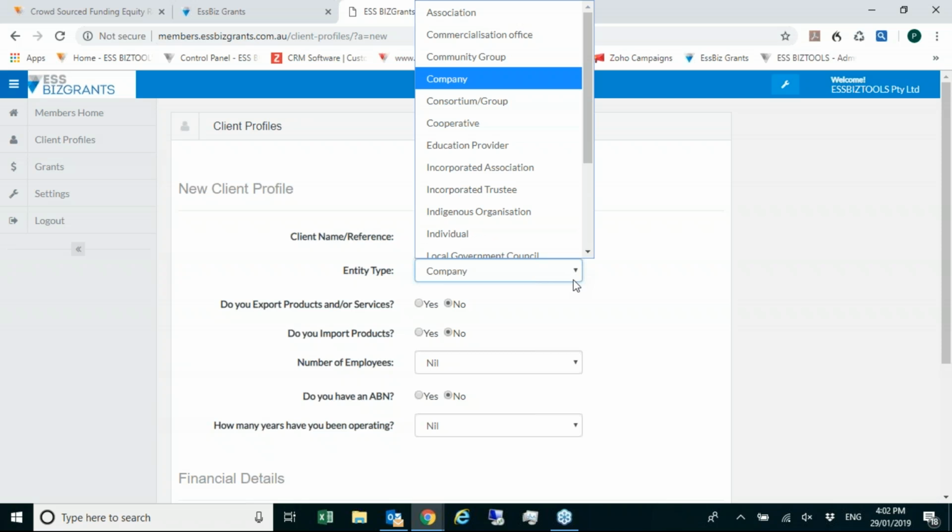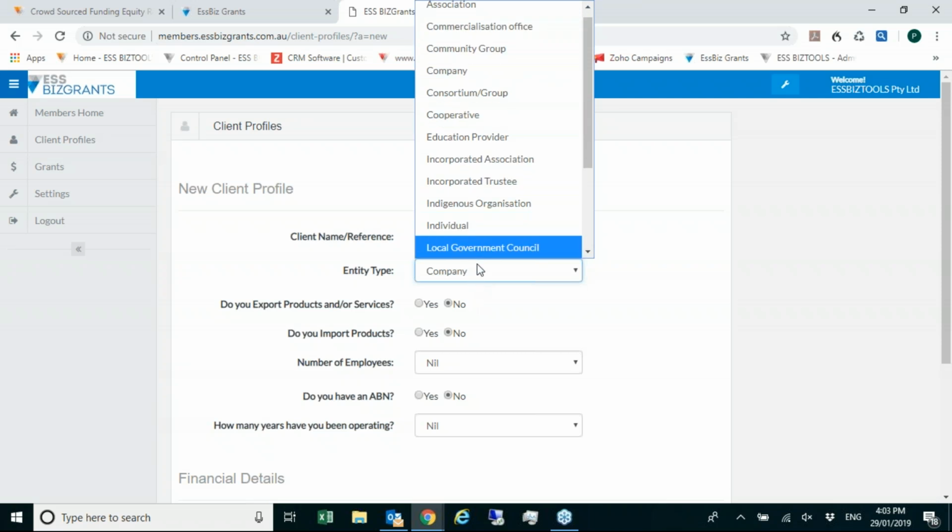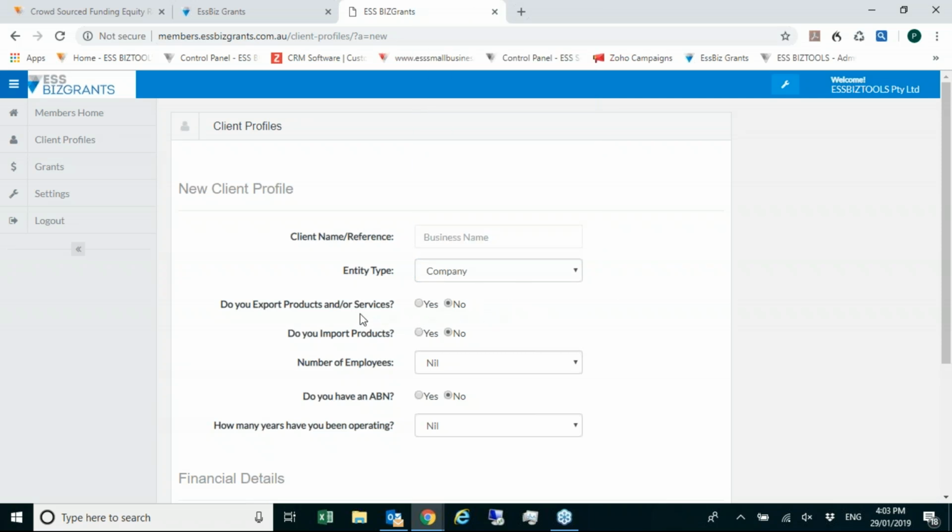There's hundreds of them, both federal, state, New South Wales, Victoria, Northern Territory, a lot, and have analysed what type of entity the grant is for. Some grants don't mention entities, but many do target that. So we've identified what they are. So there's the big list there, but you need to identify which one applies.